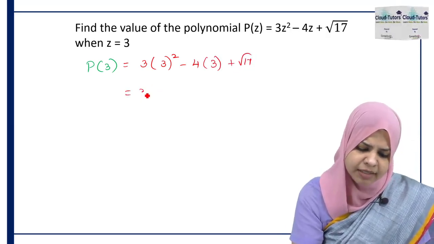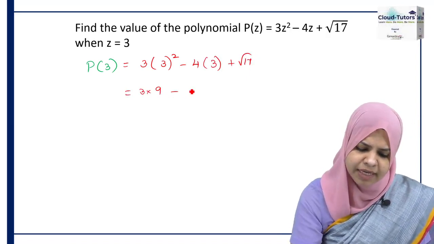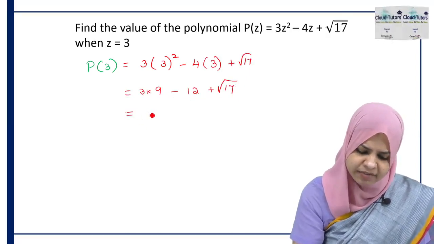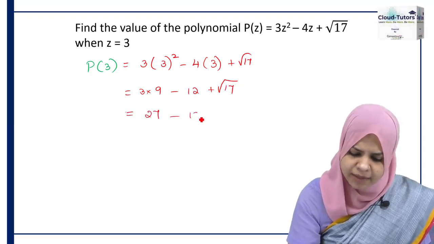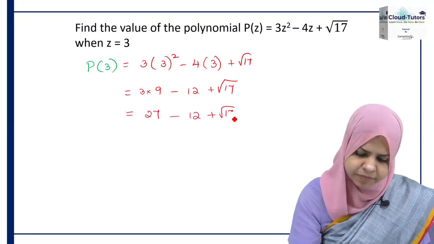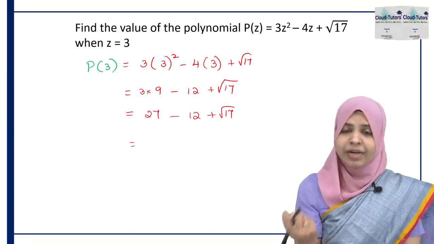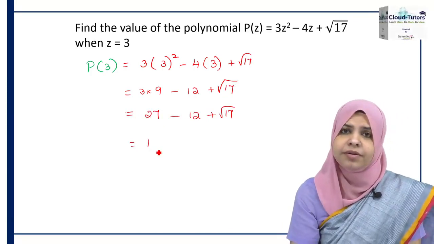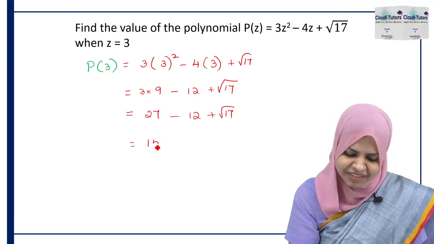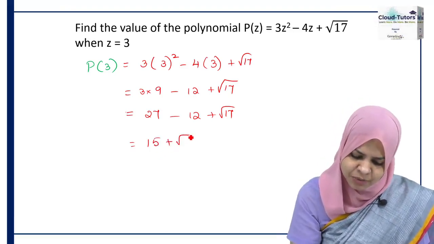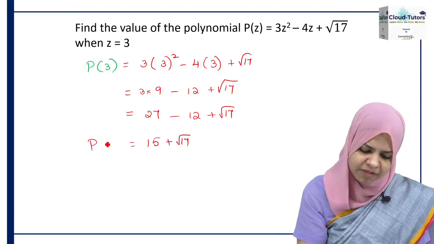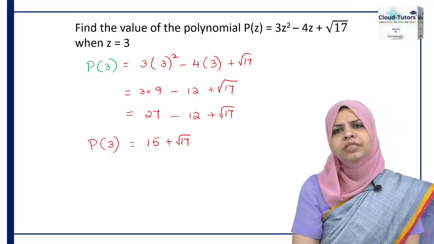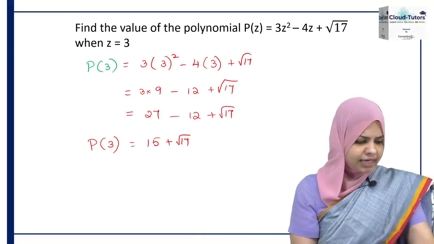So this is equal to 3 into 9 minus 12 plus root 17. 9 3s are 27 minus 12 plus root 17. What will 27 minus 12 be? 15 plus root 17. So this is the value of the polynomial when z is equal to 3. I hope it's clear. Let's see the next.